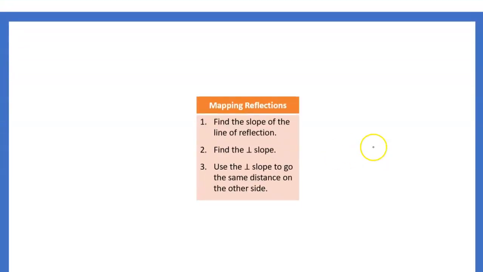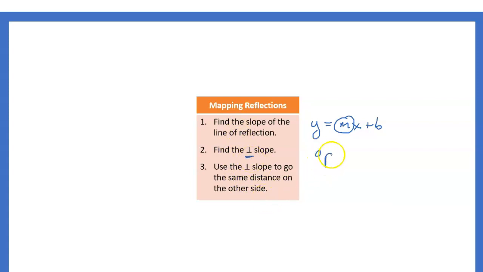So here's how we're going to do it. These are our steps. The first thing we do is we find the slope of the line of reflection. We can either do that on a graph, or we can use the equation, the y equals mx plus b, right? Our m value is going to be our slope. Then our second step is to find the perpendicular slope, and this is the symbol for perpendicular.